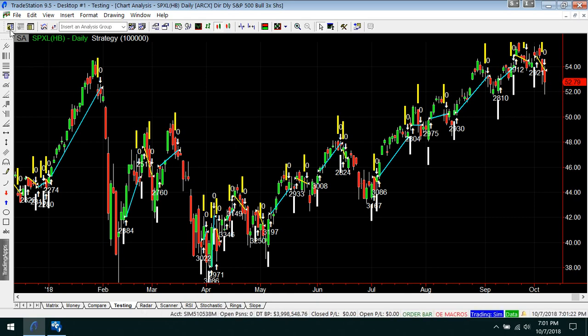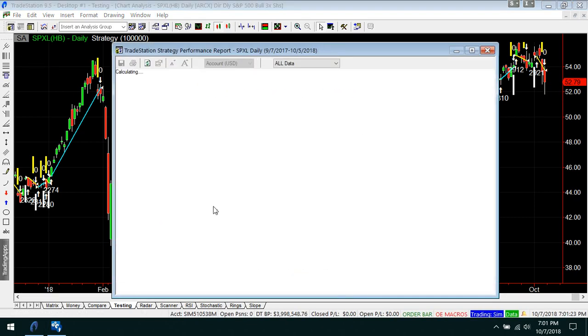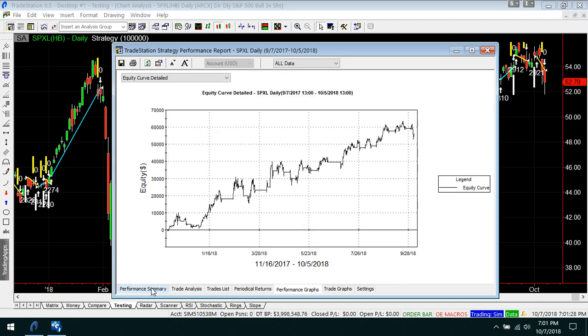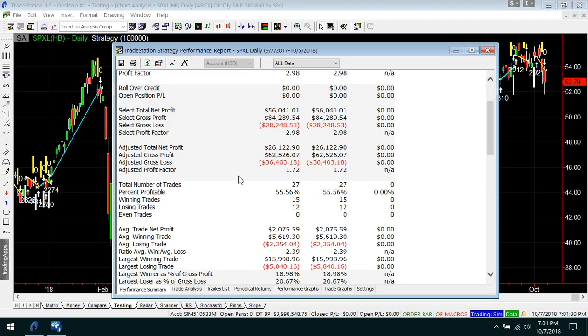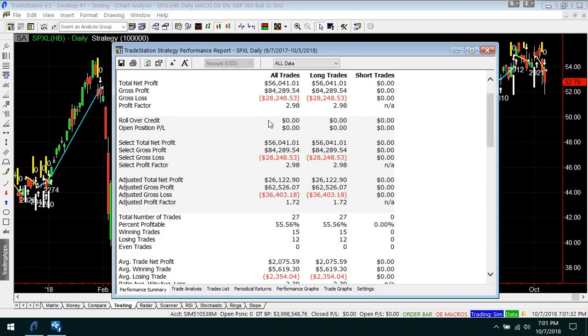And on the triple SPY, I'll put the figures up here. It makes 56%, 56,000. And it works on several others. I don't want to put all of them up there, but that's just an example of another one that it works on.